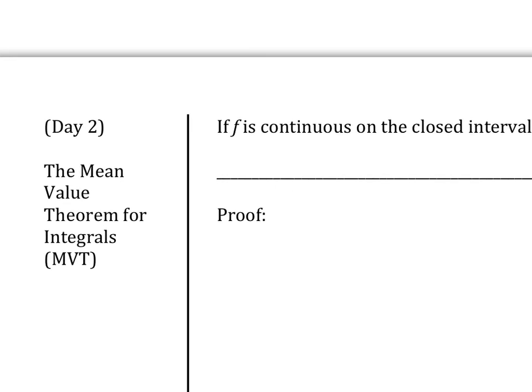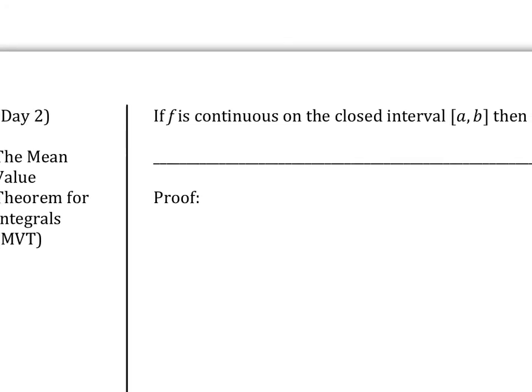So it says, if f is continuous on the closed interval AB, notice that it does not have to be differentiable. It just needs to be continuous on the closed interval.